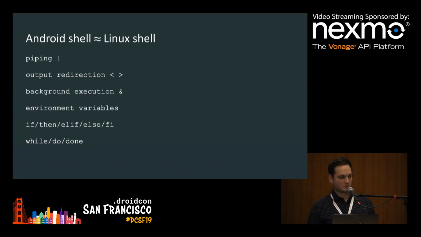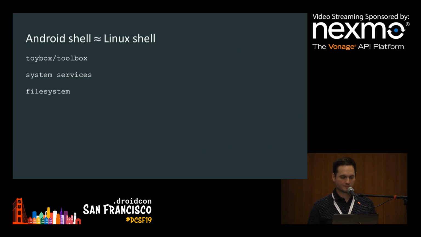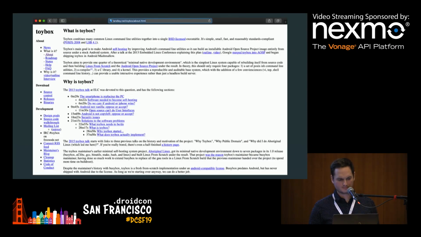Therefore, we have access to piping, to output redirection to files, to background execution, all of the other stuff that we can do on other Linux distributions. Also, we have access to command line utilities provided to us by something called Toybox. I'll get back to it in a minute. We can also interact with Android system services, and we can interact with its file system.